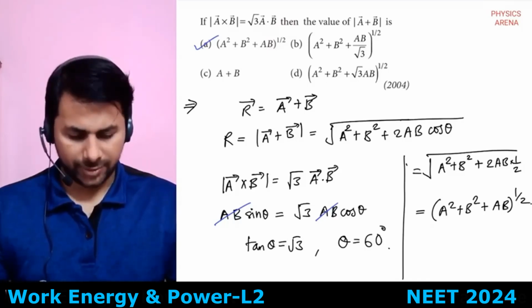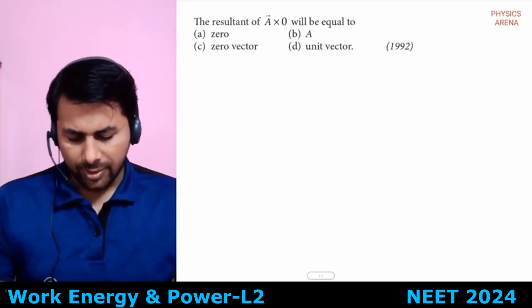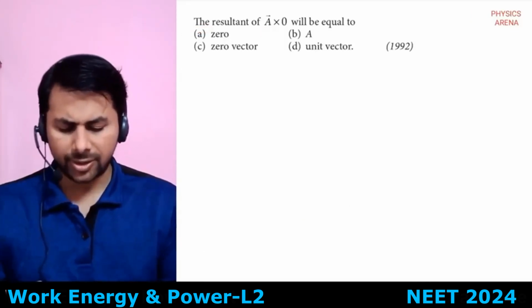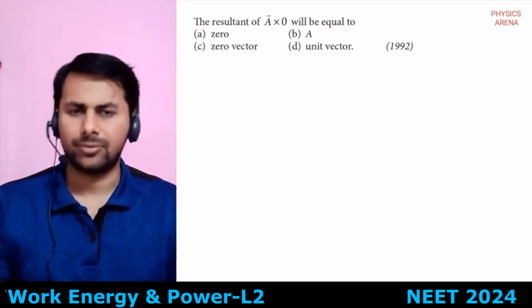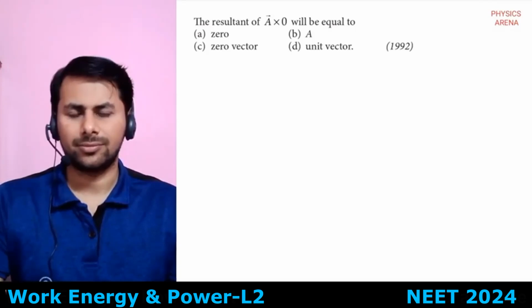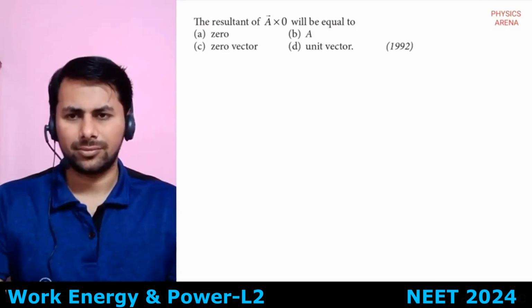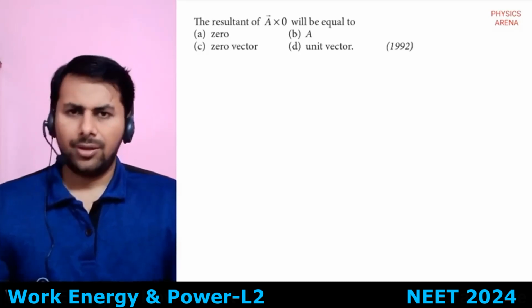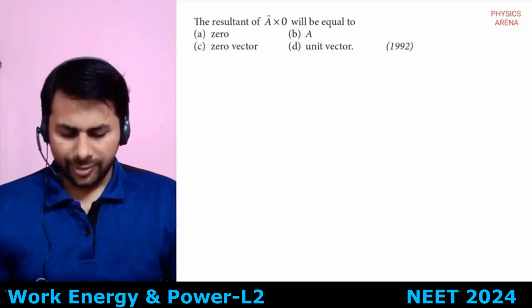Okay, good. Then the resultant of a bar cross 0 will be equal to, tell me, this is 0, right?